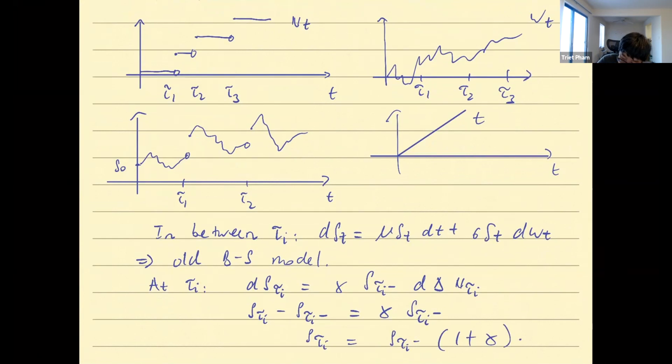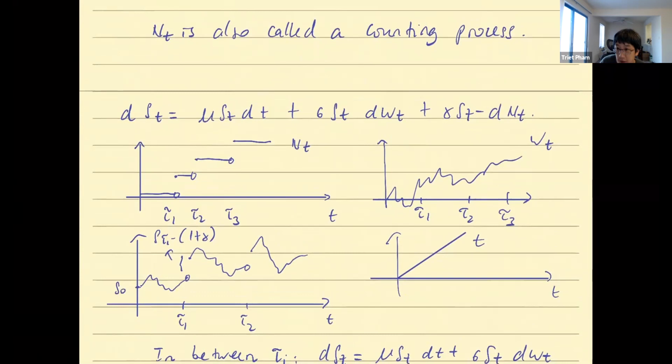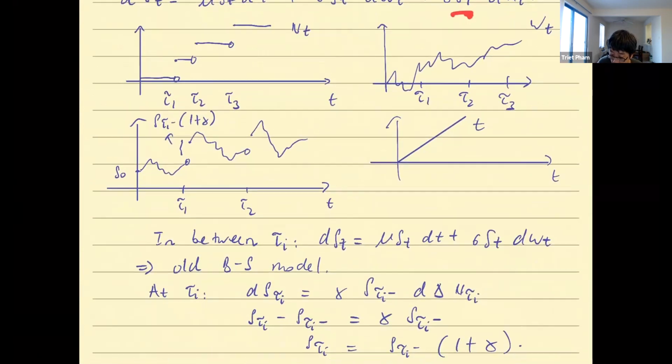So that exactly is the jump size. But you see here, the jump size depends on the previous value. The Poisson process has constant jump size, but here you say that the jump of the stock depends on its previous value. That's exactly what you want in this model, and here we just spell that out.